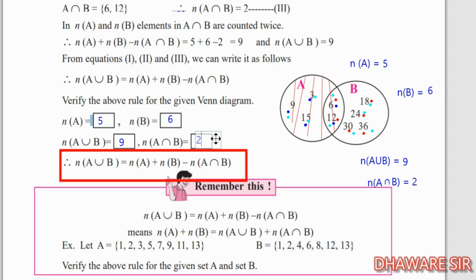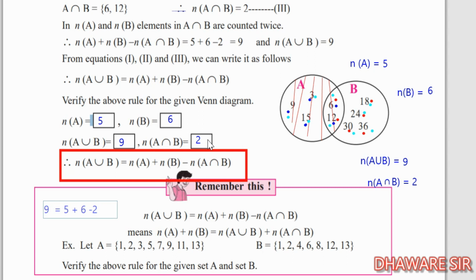So write 2 also. Now this is the formula to balance: the number of elements in A union B is equal to n of A plus n of B minus n of A intersection B. It means there are 9 elements. So how can we write here? 9 is equal to the value of n of A, 5, plus the value of n of B, 6, minus n of A intersection B, 2.